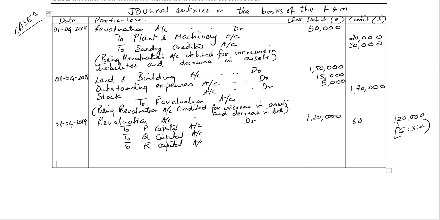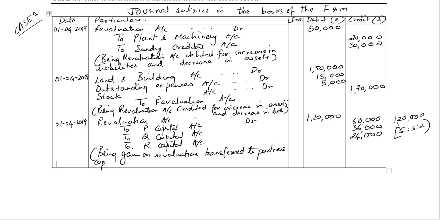So 60,000 against P, 36,000 against Q, and 24,000 rupees against R, being gain on revaluation transferred to partners' capital accounts in old profit sharing ratio.